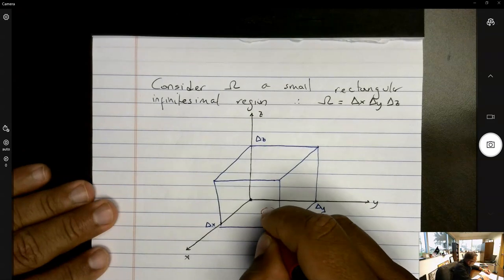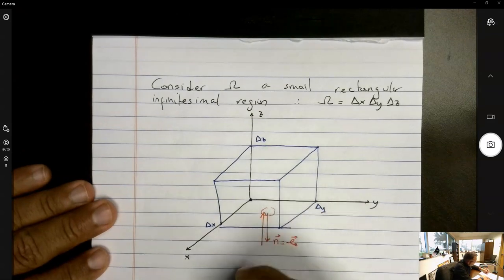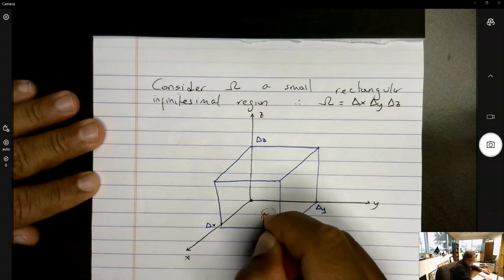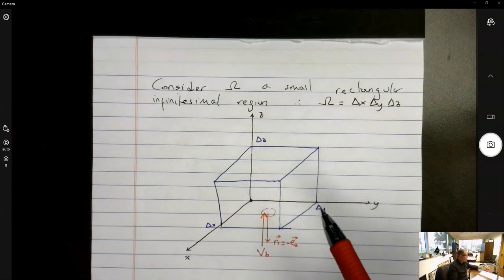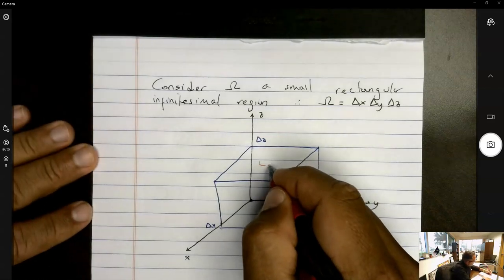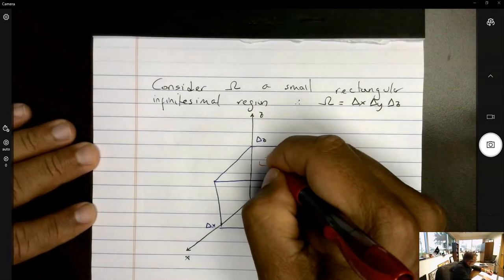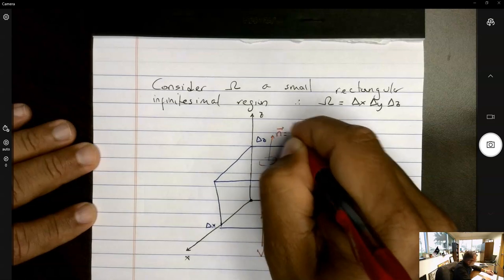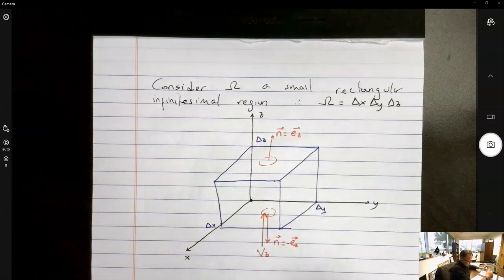And then we have the velocity coming in, which is Vz. The velocity field is just a velocity field, but the only one that will survive when we multiply v times n is the z component of the velocity, because the normal vector points in the z direction.